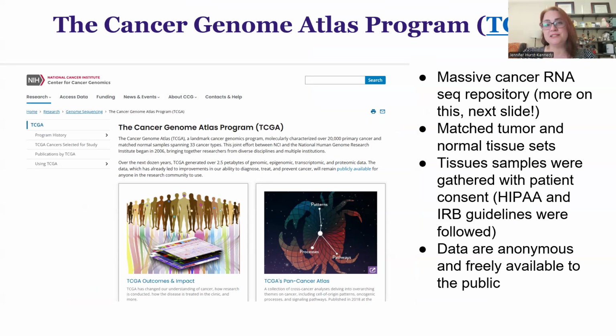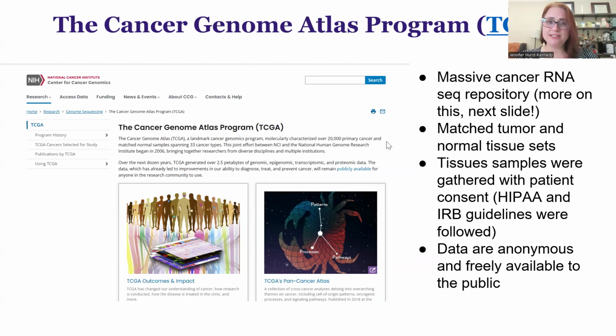So this is all genomics data taken from cancer patients, and these samples were taken through biopsies, and they were collected from patients with HIPAA and IRB considerations in mind in order to get patient consent and also protect their privacy. Once these samples were collected and analyzed, all of the data was uploaded onto the Cancer Genome Atlas, and now these data are freely available for anybody to analyze.